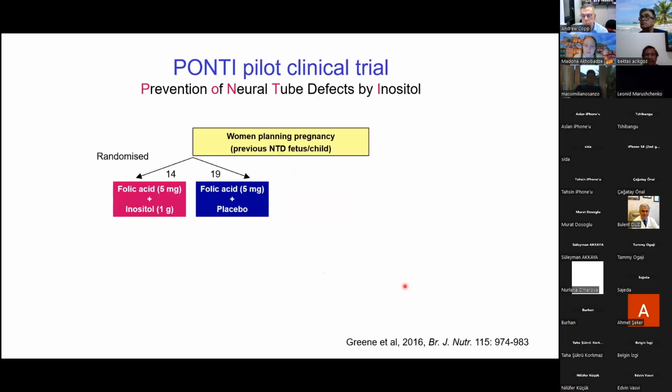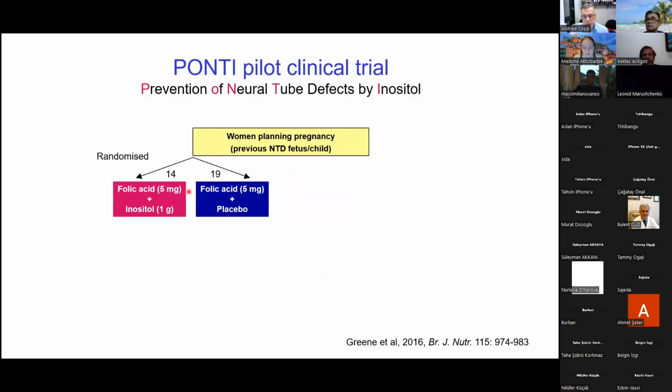And so we have undertaken a pilot clinical trial of inositol in combination with 5 milligrams of folic acid, which is the standard treatment. All the women in our study had a previously affected pregnancy, and so they had roughly a 1 in 25 or 1 in 30 recurrence risk empirically.